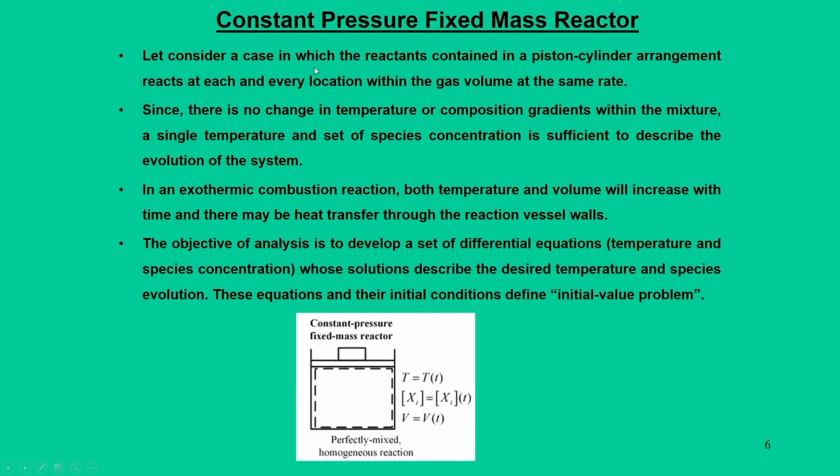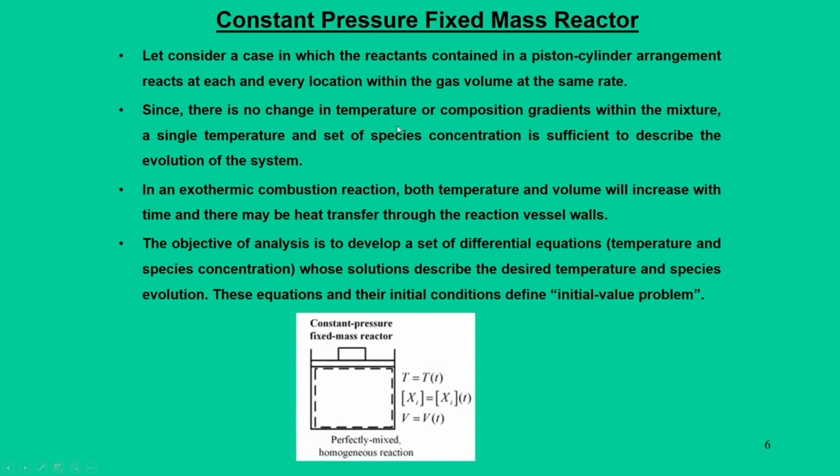We consider the case in which reactants are contained in a piston cylinder arrangement, and when they react, they react at each and every location within the gas volume at the same rate. That means every species sees similar reaction coefficients or kinetics at every location.